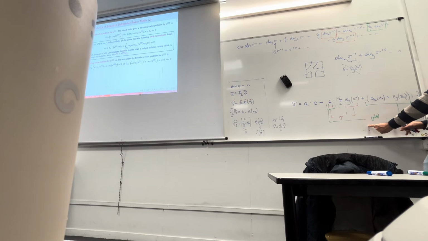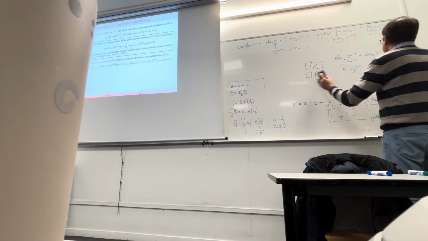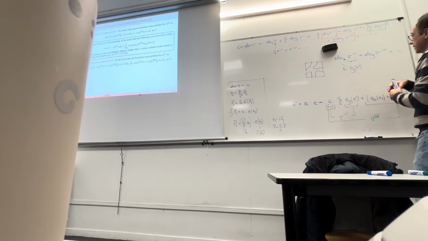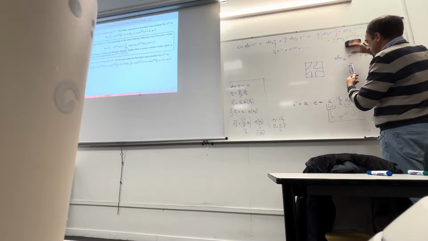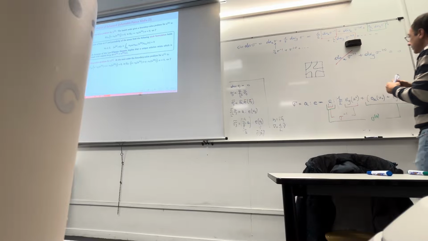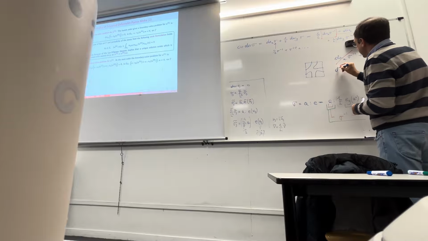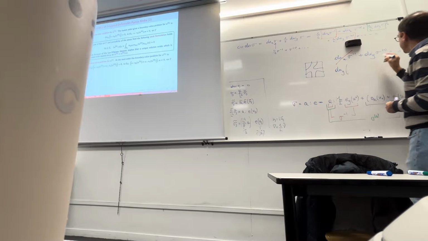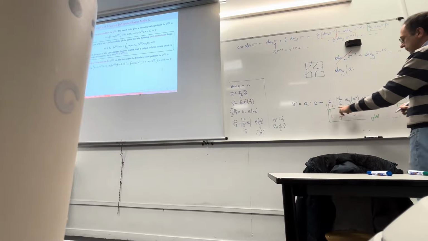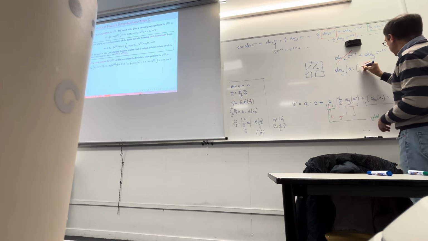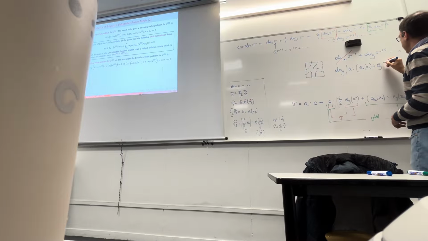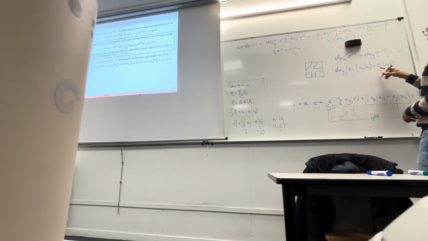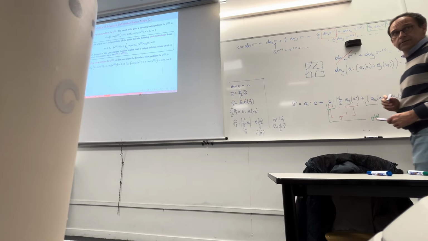So the problem now reduces to just the divergence y of sigma naught, so A double contraction Ex of U naught plus Ey of U1 equals 0.